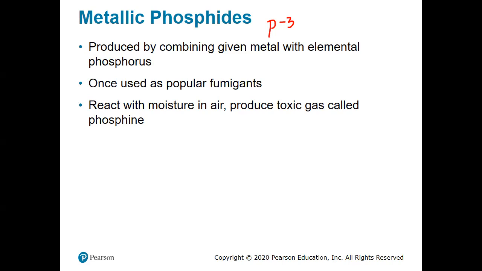How you would work these is you would basically lay them out in an area that you were going to fumigate. The moisture in the humid air would react with those, form a gas called phosphine, and the phosphine would be a pretty toxic gas. It would be what ends up killing the bugs or the vermin or whatever it is that you were fumigating.